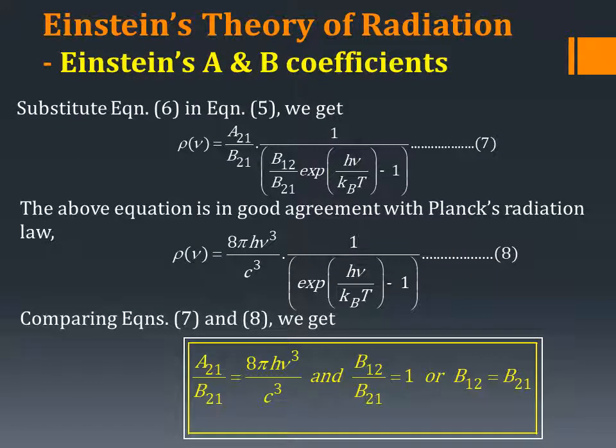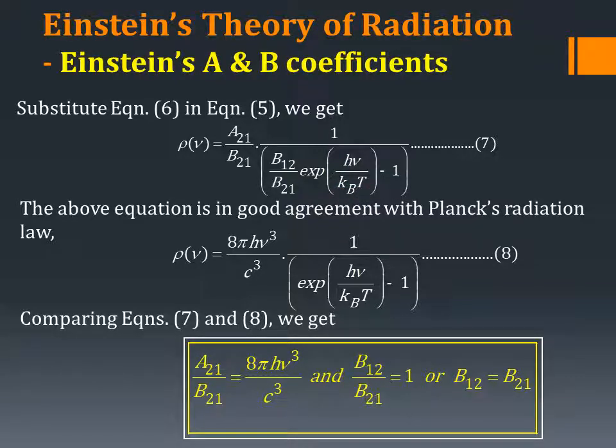On substitution of equation 6 in equation 5, we have rho of nu to be equal to A21 divided by B21 into B12 by B21, and in the place of N1 by N2 we now have exponential h nu by kBT minus 1.